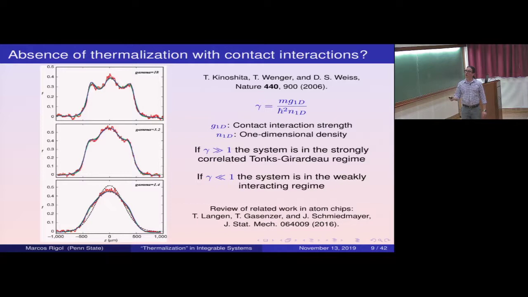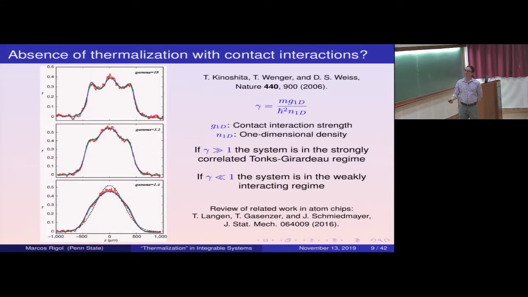And as you reduce gamma, those peaks are washed out, but even at the lowest gamma that they could reach, the momentum distribution function didn't look quite like the thermal distribution that you would expect. So as far as they could go, they didn't see statistical mechanics.